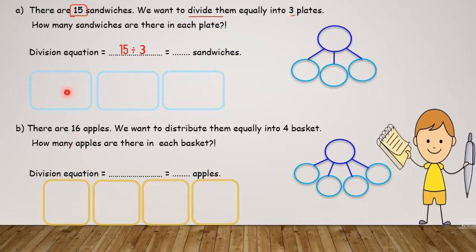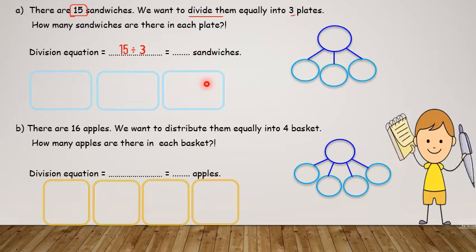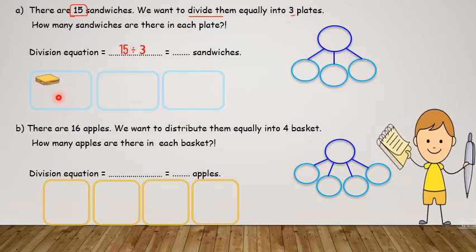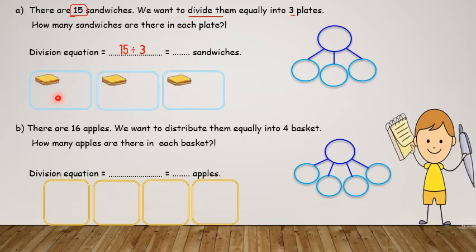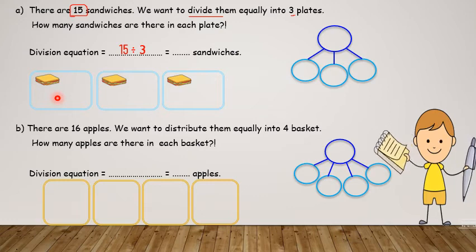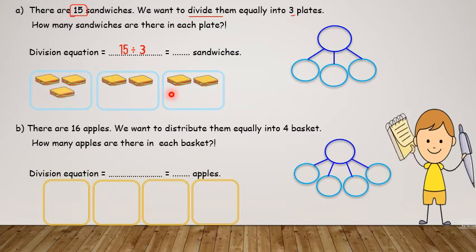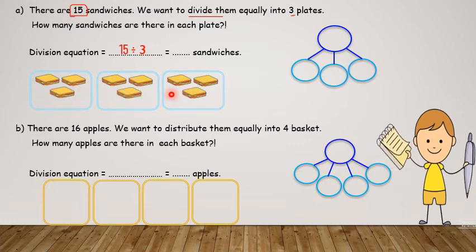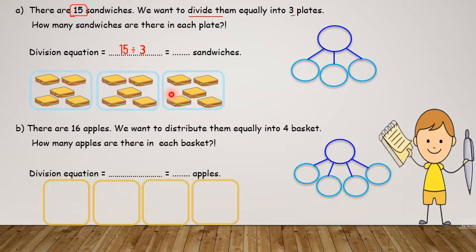Okay, let's suppose that there are the 3 plates that we want to put the sandwiches in. If I put one sandwich here, I must put one in the other plate and one in the other plate. So if I want to divide 15 equally, I must put in each plate the same amount. So let's count 1, 2, 3, 4, 5, 6, 7, 8, 9, 10, 11, 12, 13, 14, 15.